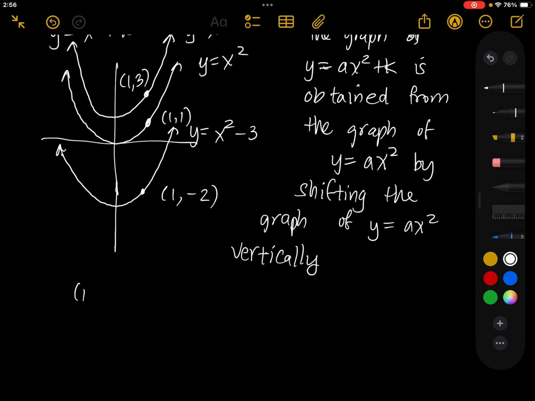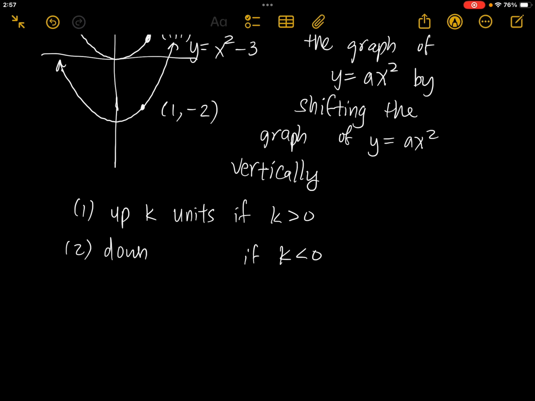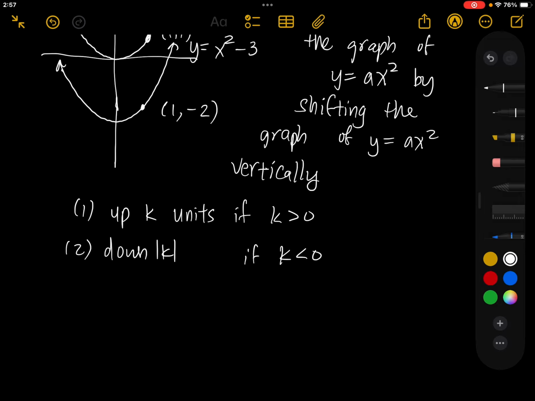And you shift up k units if k is positive, and if k is negative, you wouldn't say that you shift down negative 3, you shift down by 3 units. So that's the absolute value of k. So you shift down the absolute value of k units if k is negative.